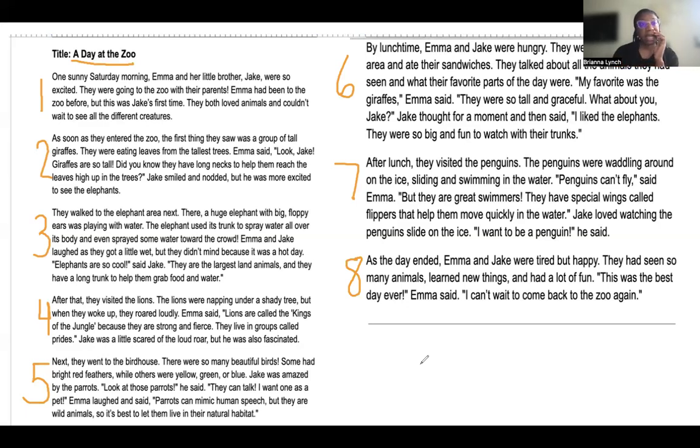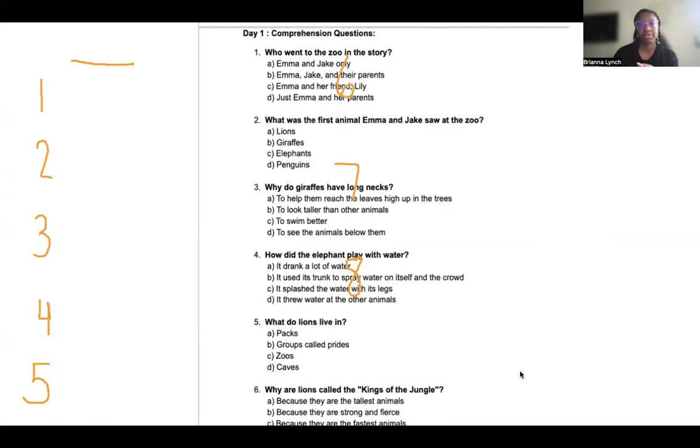Now, let's go to the question page. My numbers are probably going to stay up here, which is fine. I'm going to erase those and then I'll rewrite those when we go back.